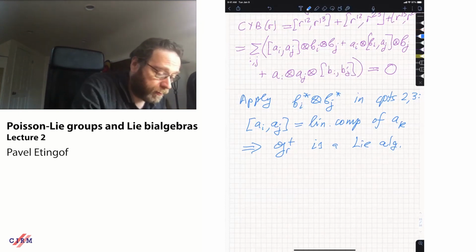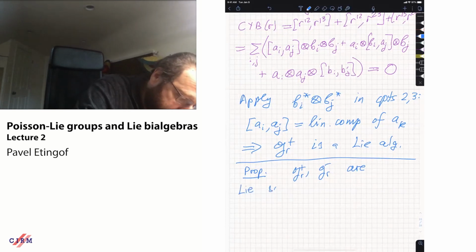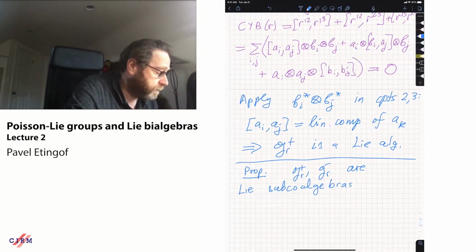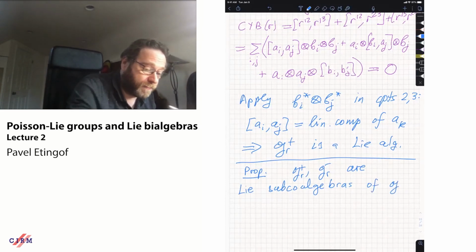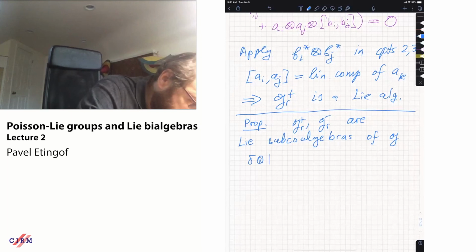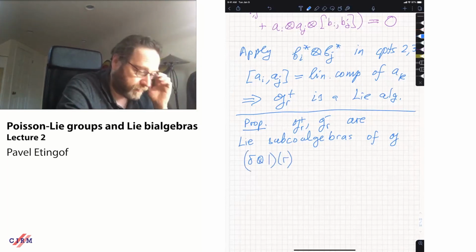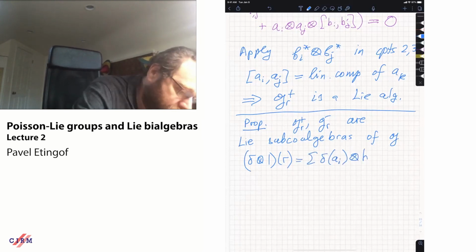And also, another proposition is that GR plus and GR minus are also Lie coalgebras, Lie subcoalgebras of G. This is in the case of R being skew symmetric, because delta cross 1 of R, which is the sum of delta of AI tensor BI, is what?